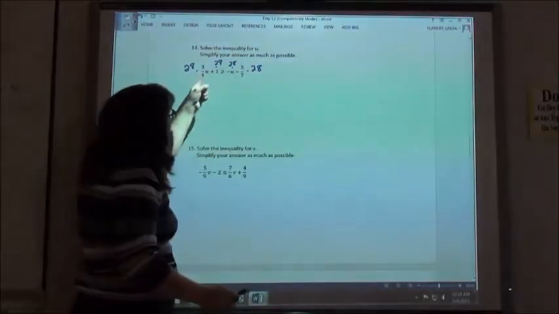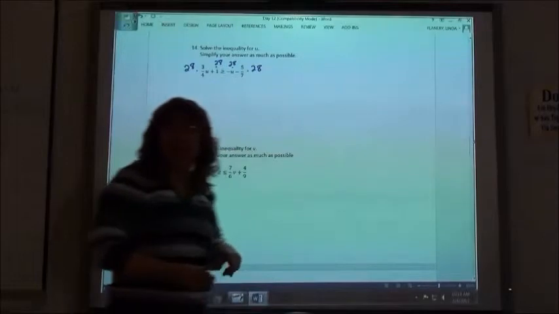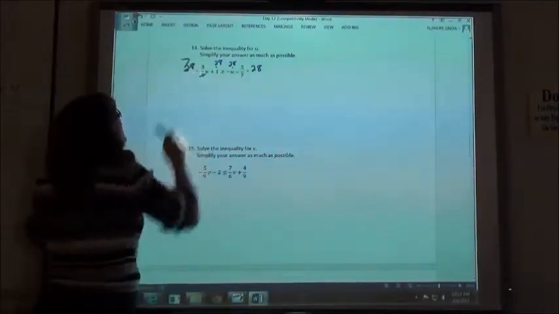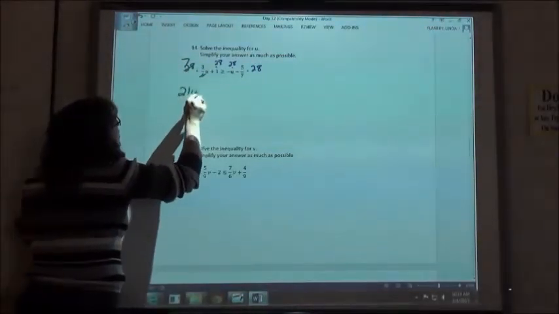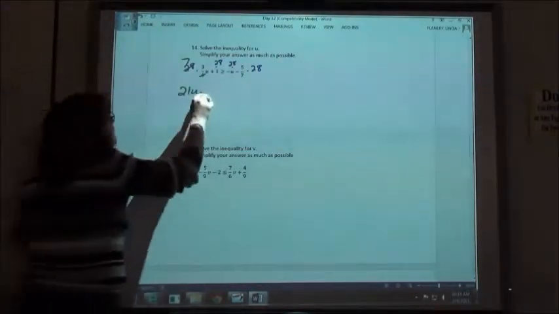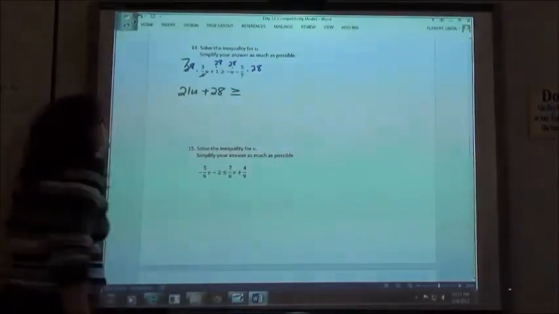But I want to have something both 4 and 7 will cancel out with, so I can get rid of those two fractions. 4 goes into 28 7 times. 7 times 3u, 21u. The 1 I can't cancel, I'm just going to take the 28 times the 1, which is still 28, is greater than or equal to.